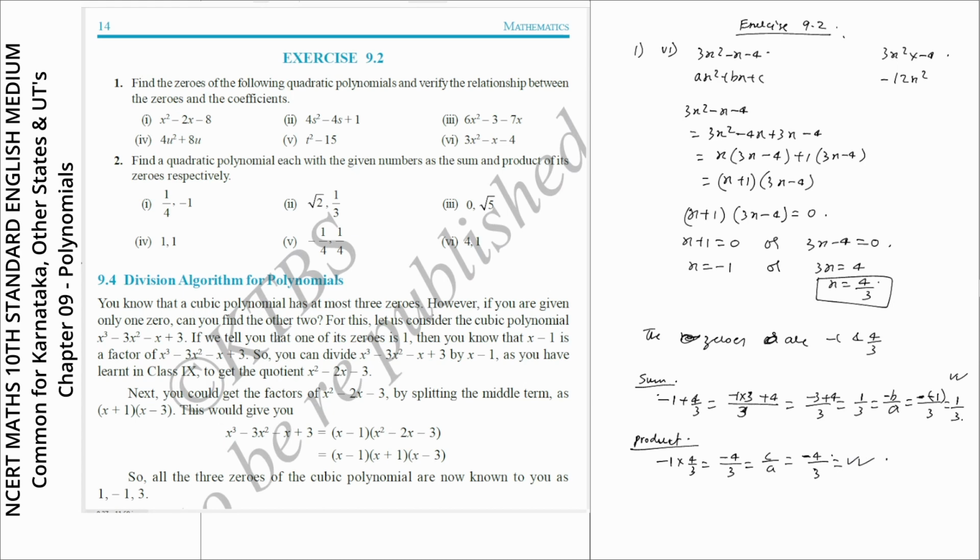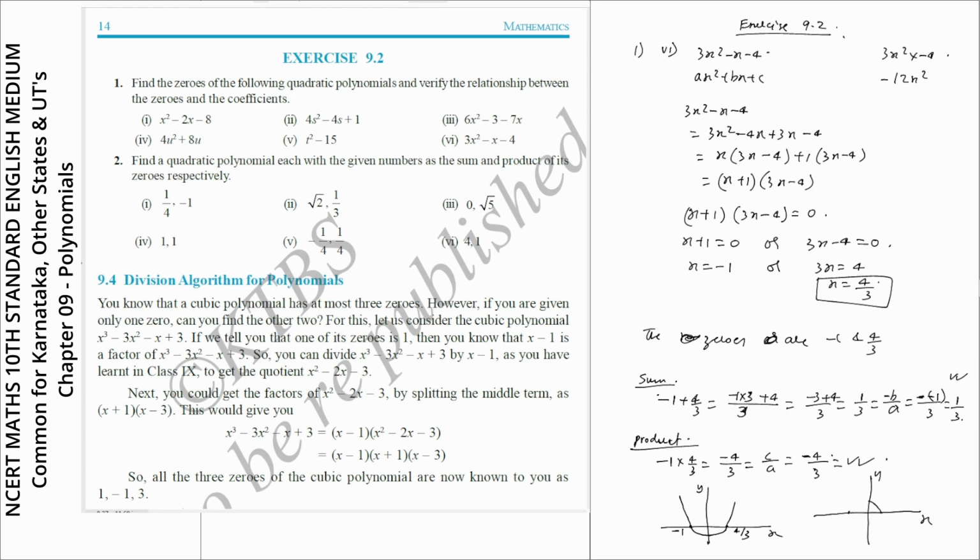So if you actually plot the graph, you'll get like this, x y. So minus 1 is one of the roots, and 4 by 3 is one of the roots. So this is minus 1, this is 4 by 3. So the given polynomial passes through these points, or it may pass this way also.